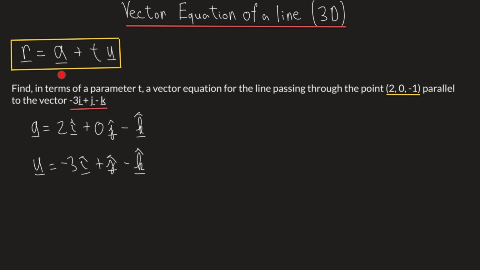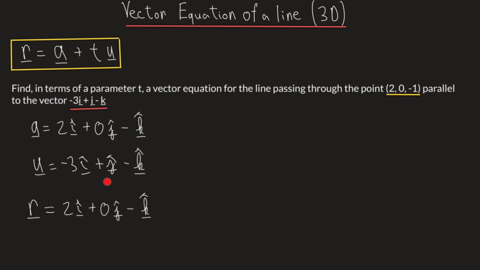Now, using the vector equation of our line, we can solve our problem because r can be written as a plus tu, and a, we already know its coordinates. Ultimately, we obtain an expression for r, which is given by a, first of all, added with our direction vector u multiplied by the scalar, or equivalently the parameter t.